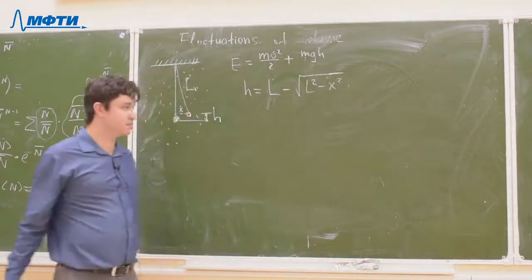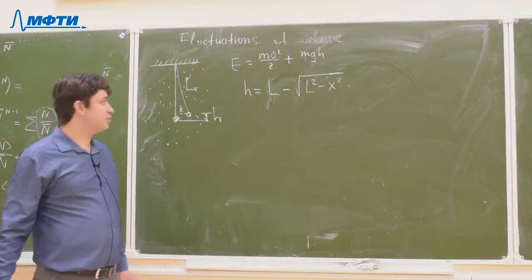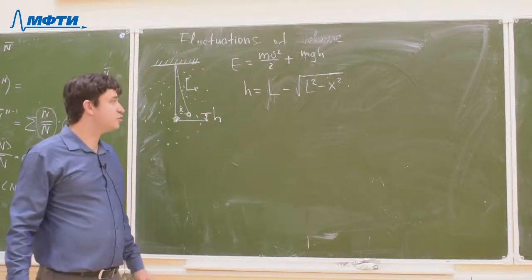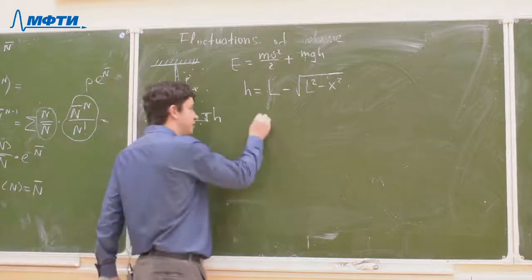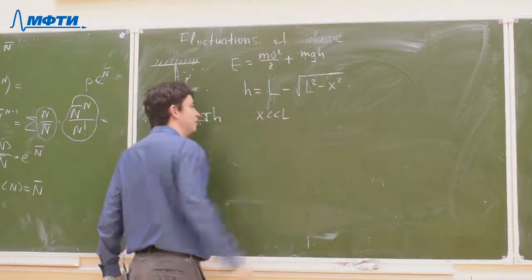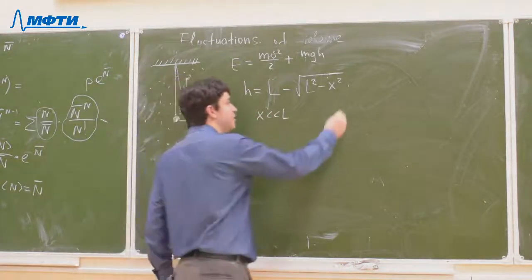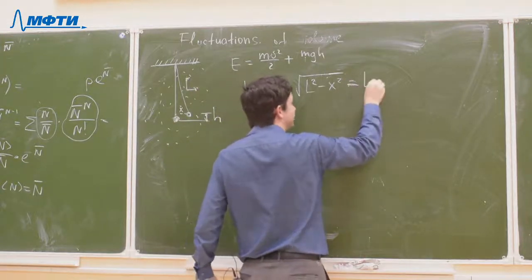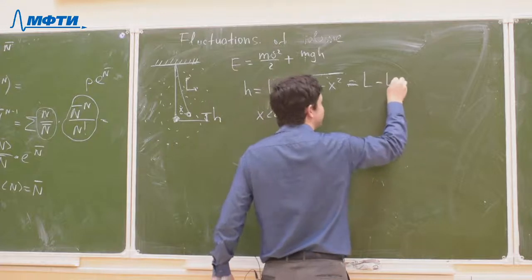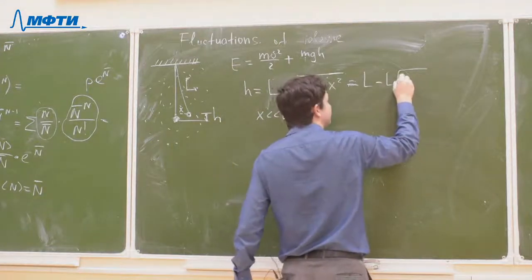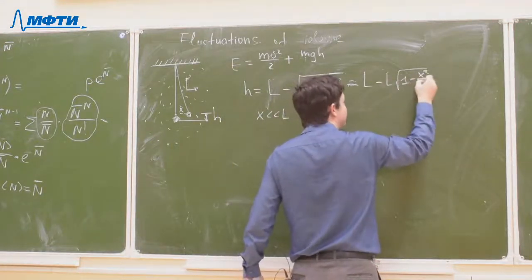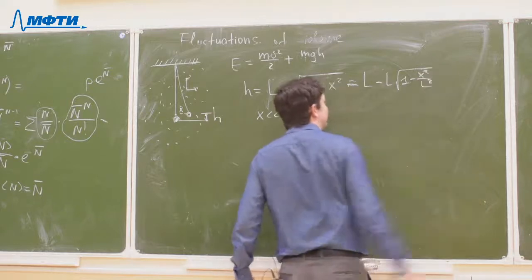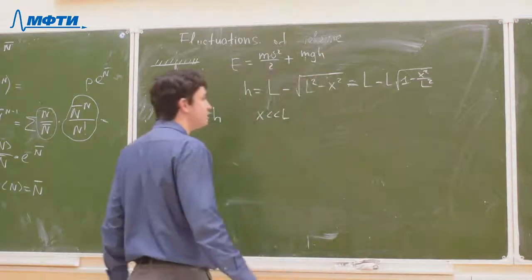And since we discuss thermodynamic fluctuations, it's obvious that this displacement x is much lower than L. And that's why we can use some expressions designed to calculate some functions when we have small changes in their arguments.